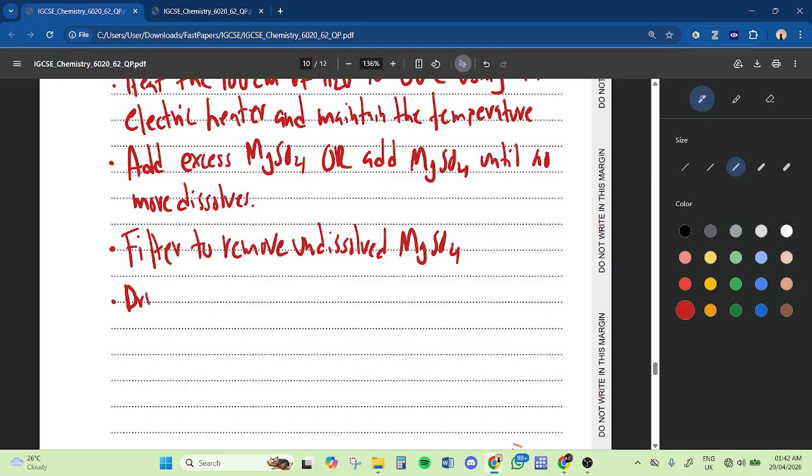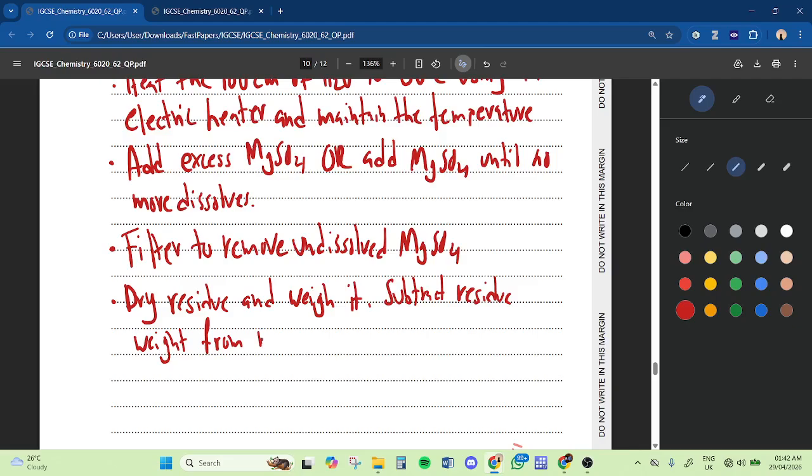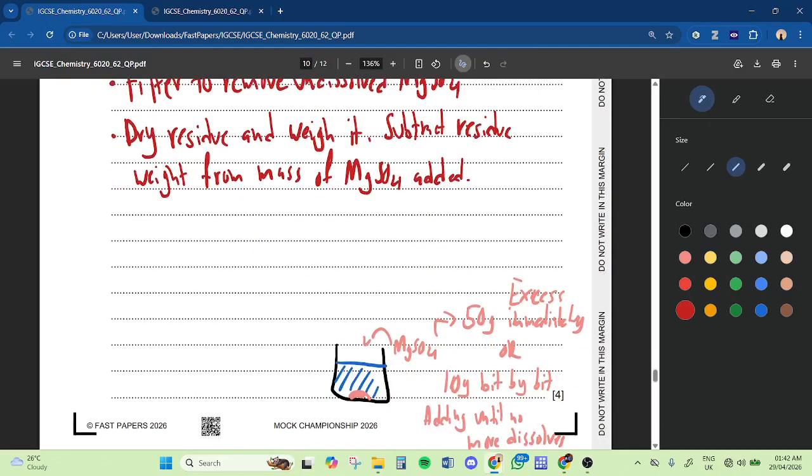So you're going to dry the residue and then weigh it, and subtract the residue weight from the mass of MgSO4 added. And there you go. That's a very easy 4-mark question that you guys have just been able to solve.